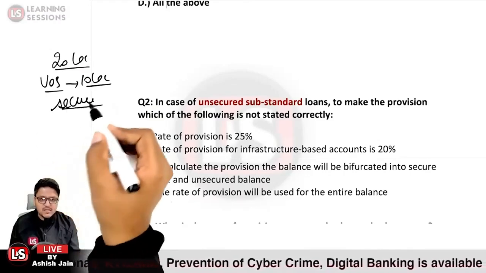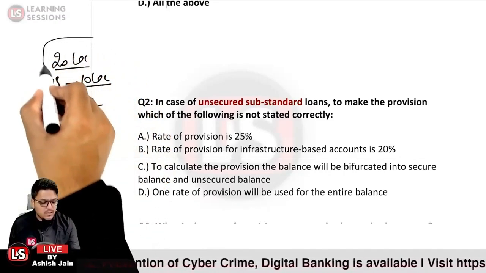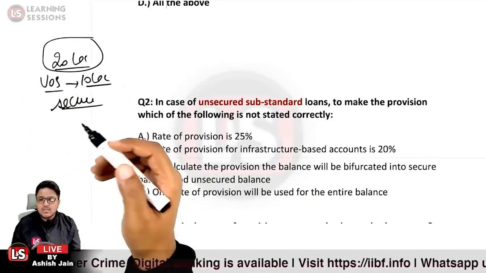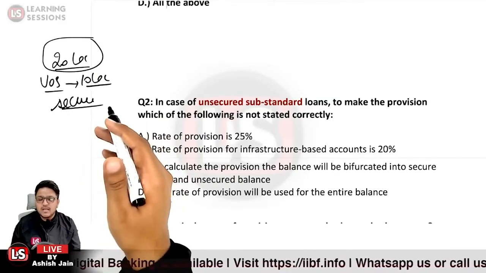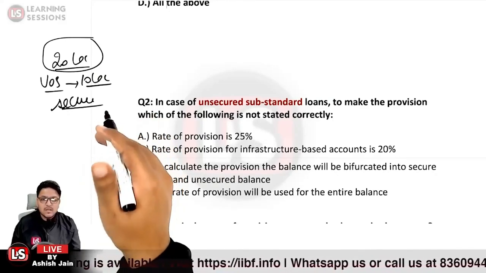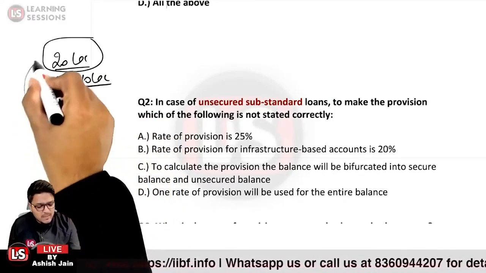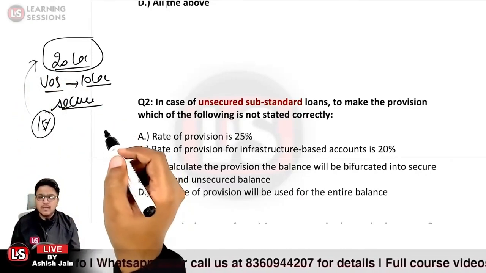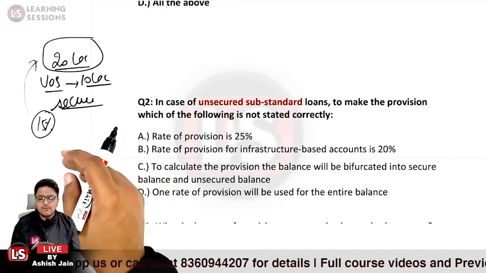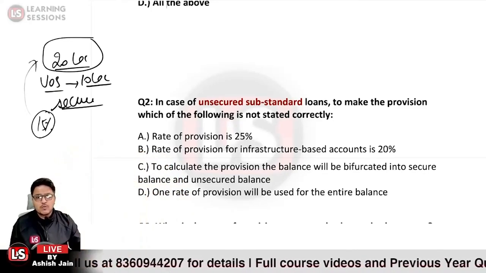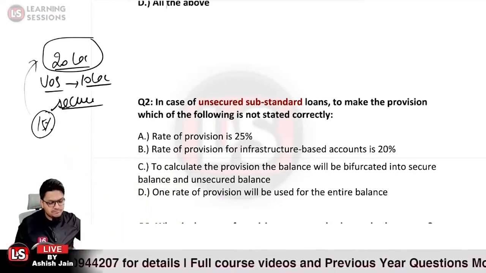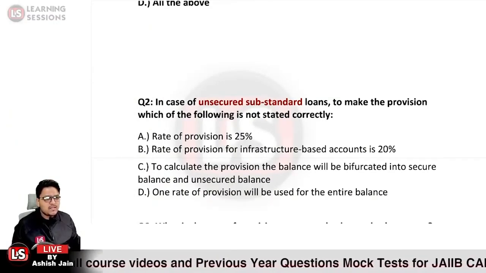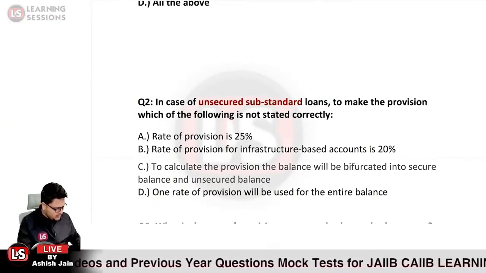Further, let us take the case that the outstanding balance is still 20 lakh rupees and the account is classified as a non-performing asset, substandard asset. In that case, the provision would be applicable at 15% and it will be calculated on the whole loan amount. So option C is incorrect, and option C will be our answer.